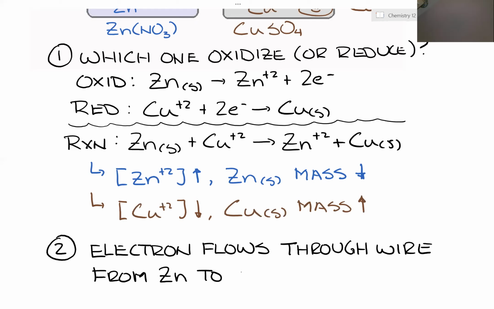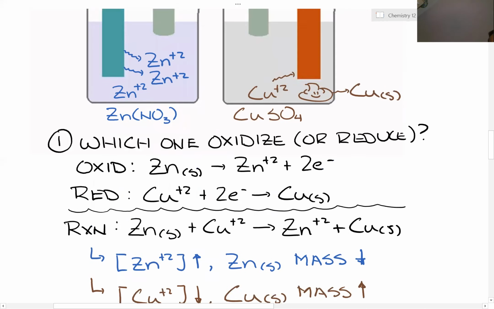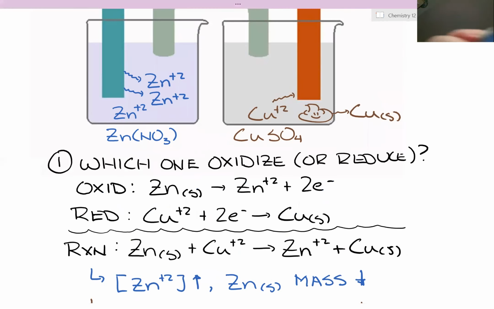Okay. From zinc to copper. So what does that mean? Notice what we have up here is electrons being produced and electrons being used up.